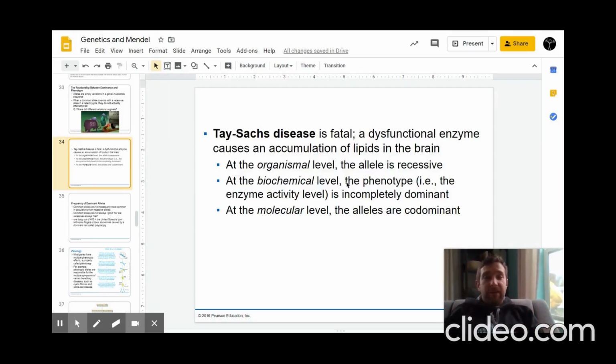We talk about that as being sufficient to still give you the dominant phenotype. So biochemically, the enzyme activities are only incompletely dominant. We've got half as much of that particular enzyme being built. And then molecularly, we could say there is codominance happening here, because we are making two different versions of an enzyme. Those both end up getting built, just one of them is built and doesn't work, and one of them is built and does do its job.